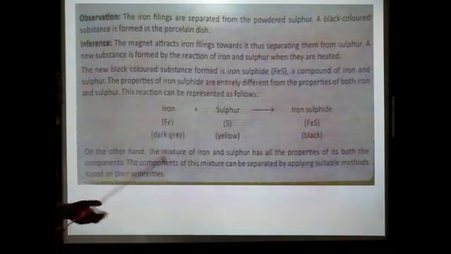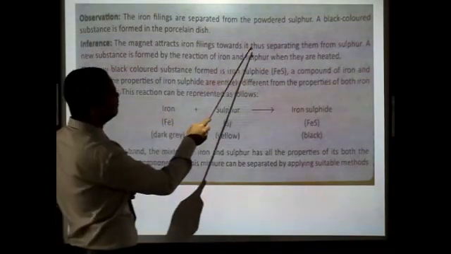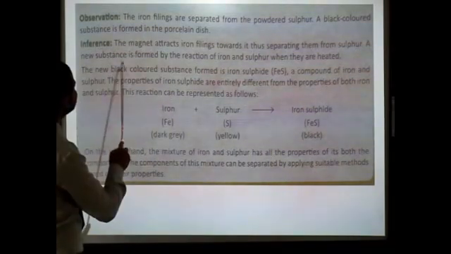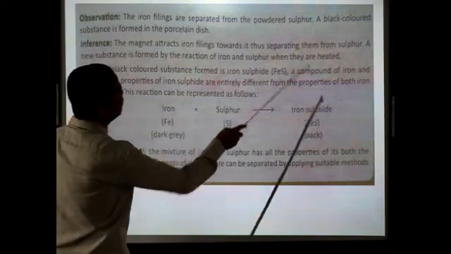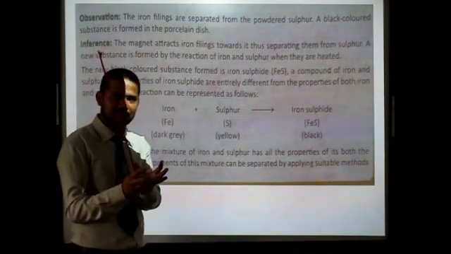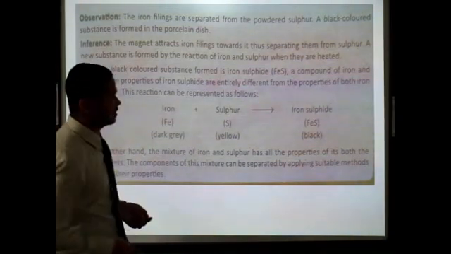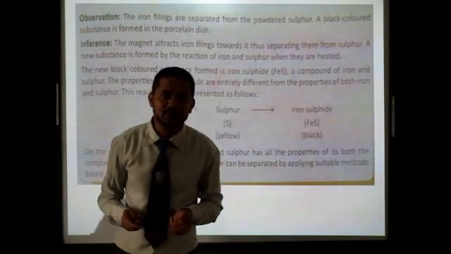Inference, that means conclusion: the magnet attracts iron filings towards it, thus separating them from sulfur. A new substance is formed by the reaction of iron and sulfur when they are heated. When they are simply mixed, they will not lose their property. They form a mixture. But when they are heated, they form a new substance.